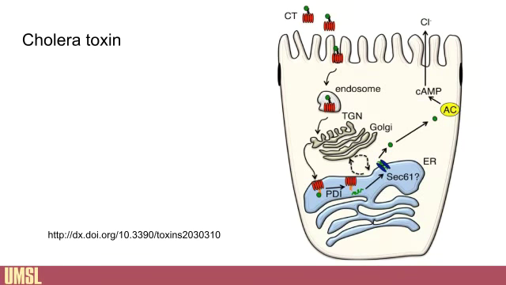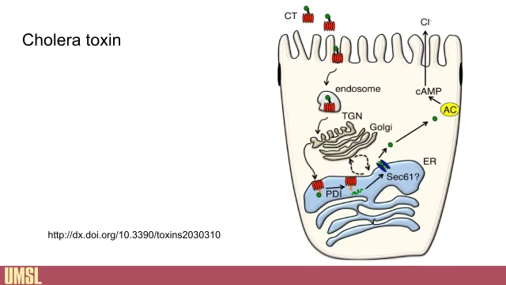And basically this active subunit, after some processing in the ER, is then secreted back out into the cytoplasm, where it goes and ADP ribosylates a family of proteins that is involved in regulating our own native adenylate cyclase activity. So they essentially are normally inhibiting adenylate cyclase activity. So essentially this toxin takes the brakes off of adenylate cyclase.